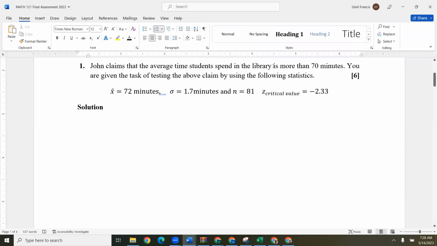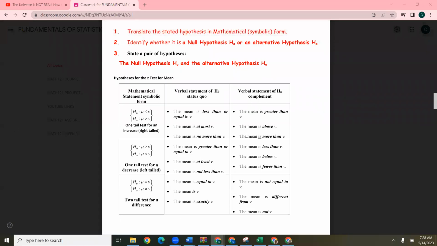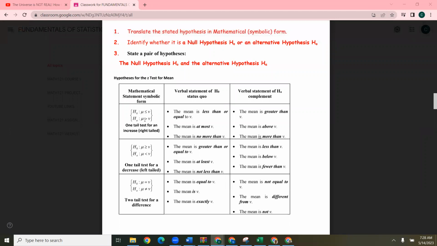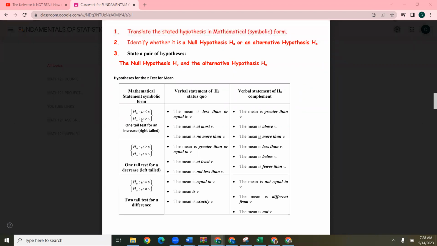So we've got to look for the symbolic translation for is more than. Here is the translation for is more than, the mean is more than. This is the symbol, the inequality sign pointing towards the right, reading from left to right, and it is an alternative hypothesis.